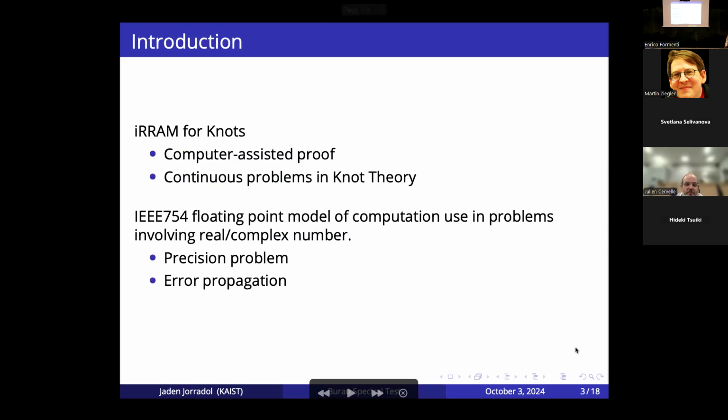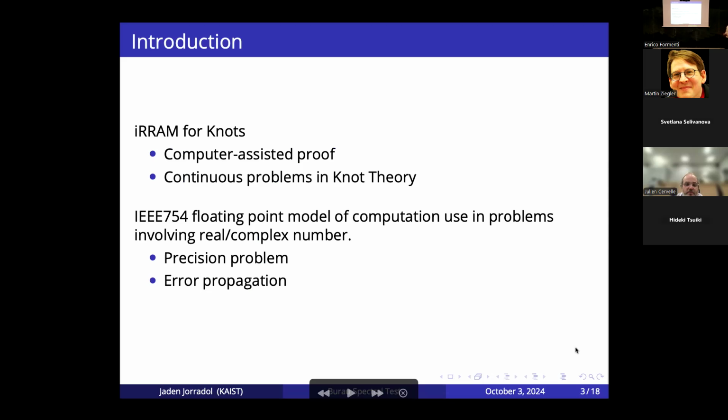Okay, so let's get into the intro. The motivation behind iRRAM for knots is that knot theory is usually a discrete problem, but in some cases there could be problems involving real numbers and continuous problems, which are hard to prove and also require tedious proof methods.